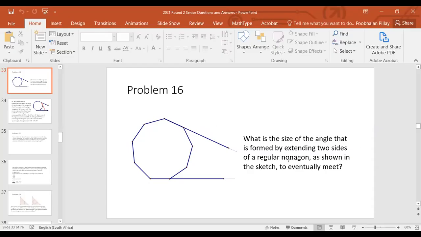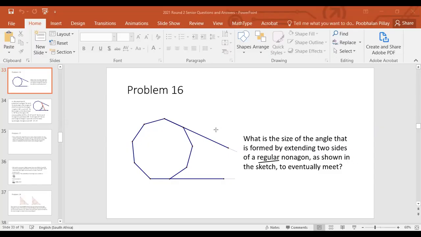Okay, this is a regular nonagon. And we've spoken about regular polygons. One important thing about any polygon, we've said, is that the exterior angles add up to 360 degrees. So in a regular polygon, all the interior angles are equal, so therefore the exterior angles will also be equal, and they all add up to 360 degrees.